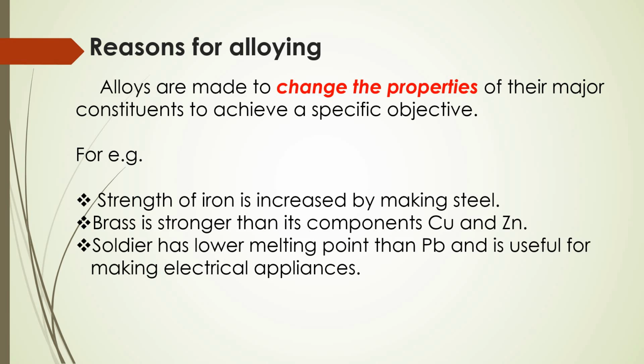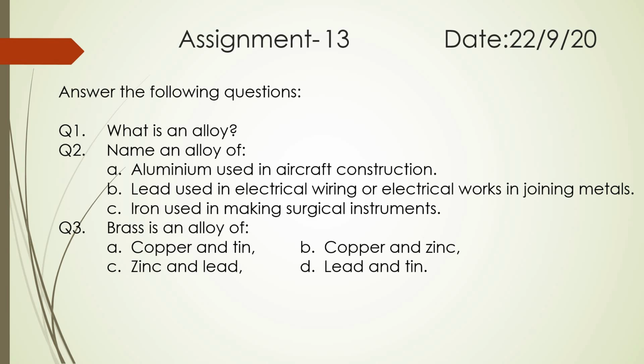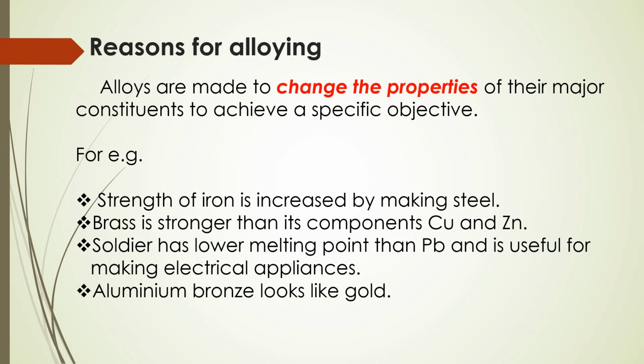So here, the making of solder serves the purpose of lowering the melting point of lead. Aluminium bronze looks like gold. Aluminium is silver in color, but its appearance can be improved to look like gold by making an alloy called aluminium bronze. In this way, we have various reasons for making alloys.